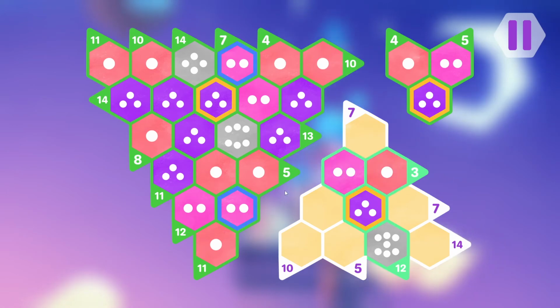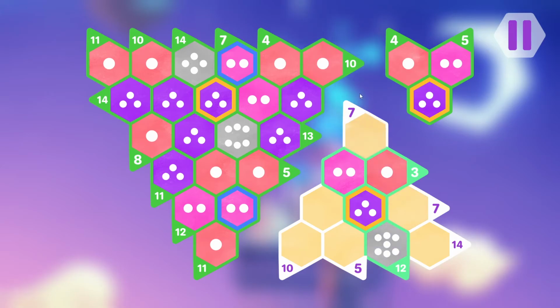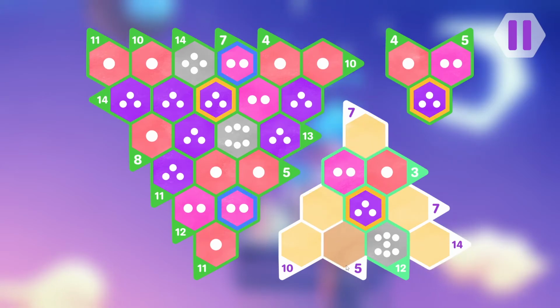So those are 24 in total. On the other hand, those are 24 in total as well. So we have 17, 24. So those are 24 in total. And those are 24 in total.